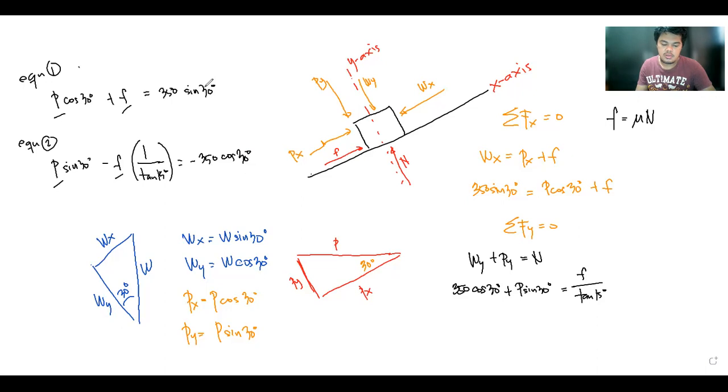Then we have the sine of 30, negative 1 divided by tangent 15, negative 350 times cosine of 30.